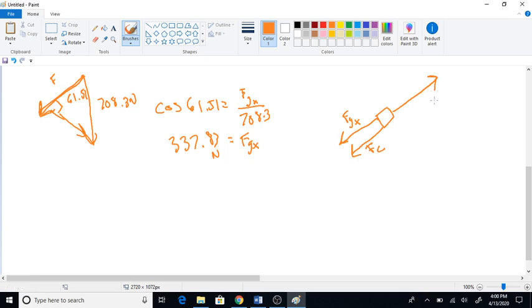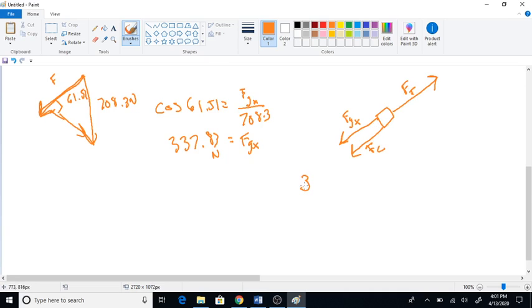Since the swing is not flying off, it is in an equilibrium position with the tension. The sum in the x direction is 0, so these two have to add up to this one to cancel it out. They're opposite in direction.